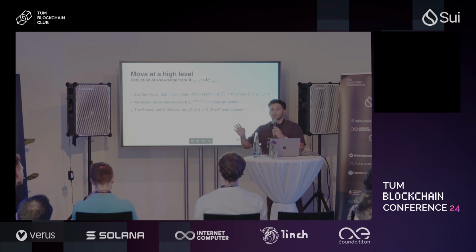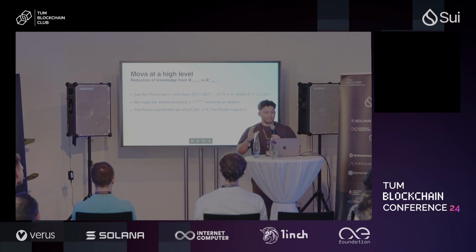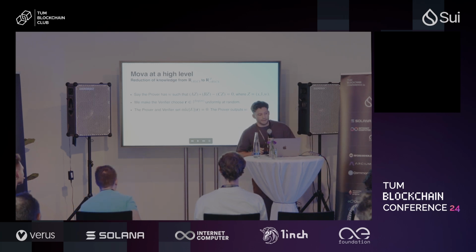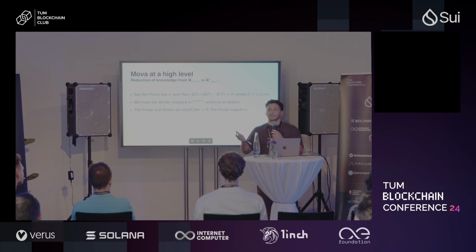We make the verifier choose some random point, and the prover and verifier set the MLE of the error at R to be 0. The prover outputs the witness. This is a very simple, trivial scheme, and we just say that the MLE at R is 0, so that we are now in the committed relaxed R1CS relation.